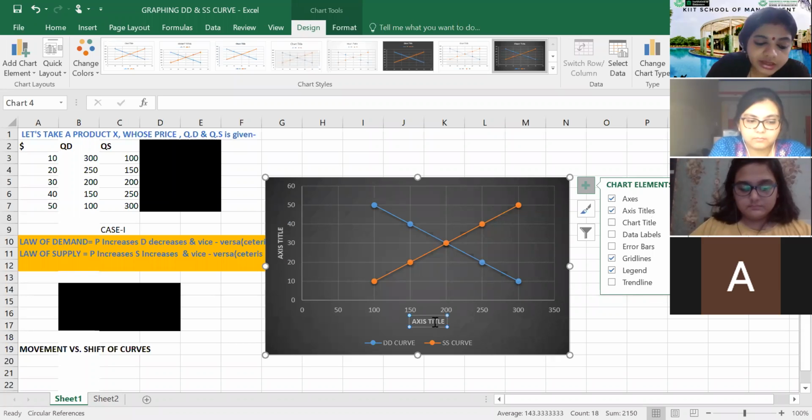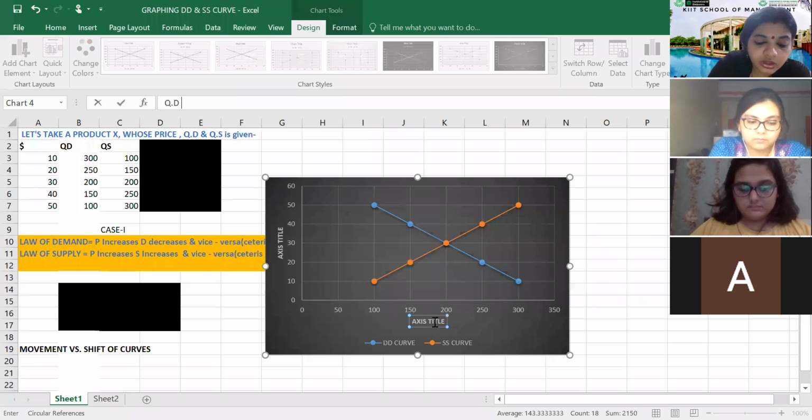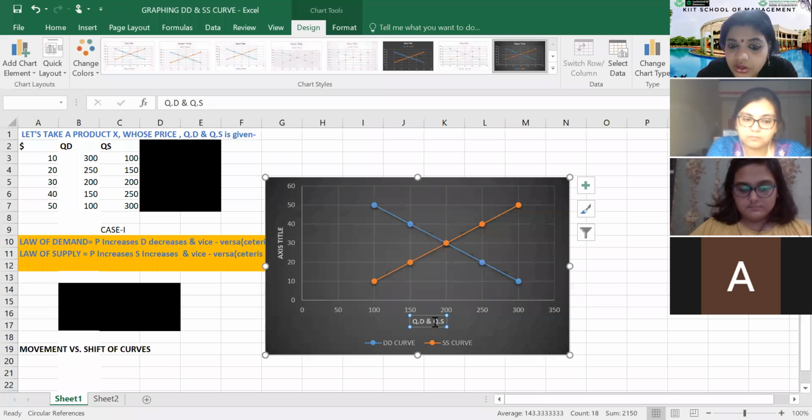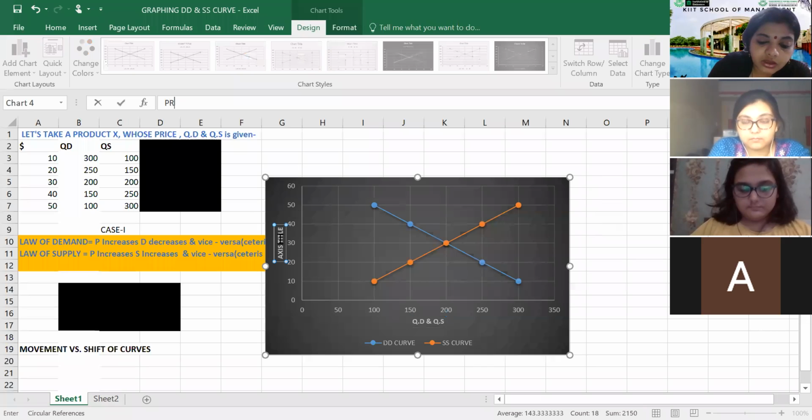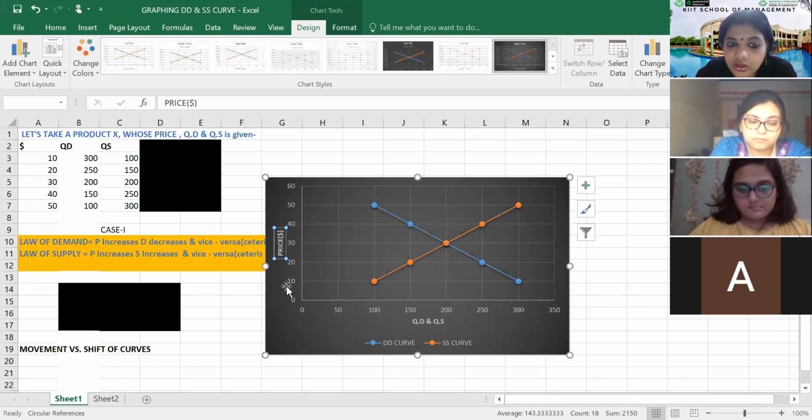Your x-axis is denoted by quantity demand, which stands as QD, and quantity supply, which is QS. And your y-axis is denoted by your price, which is expressed here in dollars. So this is how you have now named your x-axis and your y-axis.